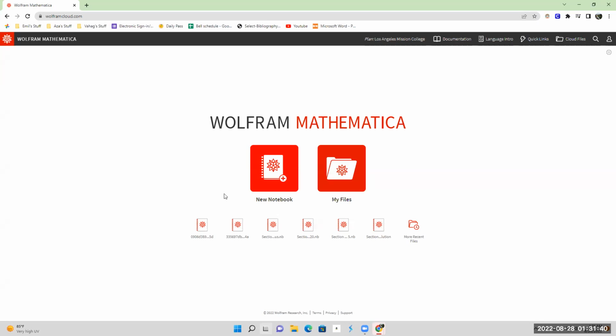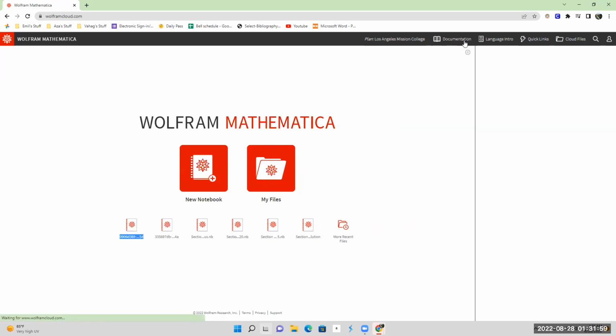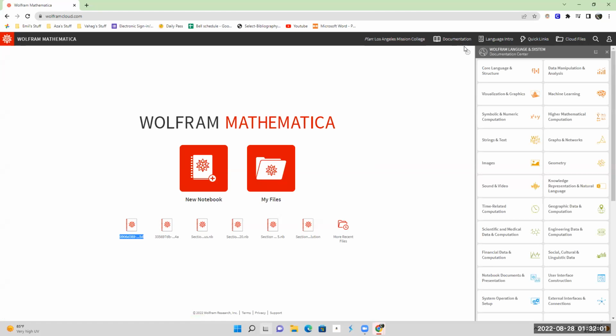At this point, you can open up your old notebooks or you can start a new notebook. If you have other notebooks, when you create a notebook, you can save them and then you can access them. On top, you do have the Wolfram documentation, which gives you access to all of the core language of Wolfram.